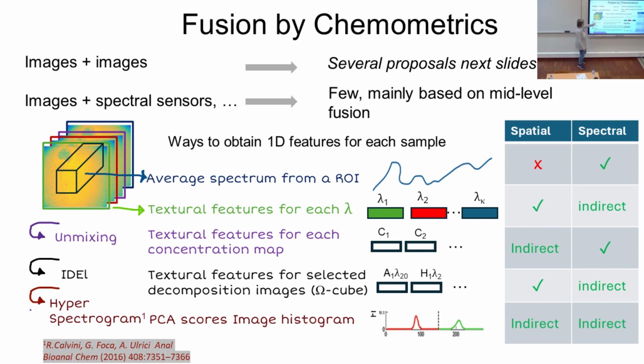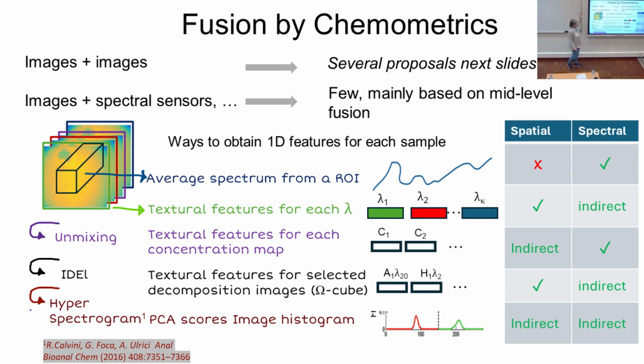For instance, one of the most popular is to select a region of interest and take the average spectrum in this spatial region. So you unfold the pixels in a region and you take the average spectrum, so you have a 1D vector. Of course, you can do textural features at each wavelength, and in this case, you also have a 1D vector for a single sample.